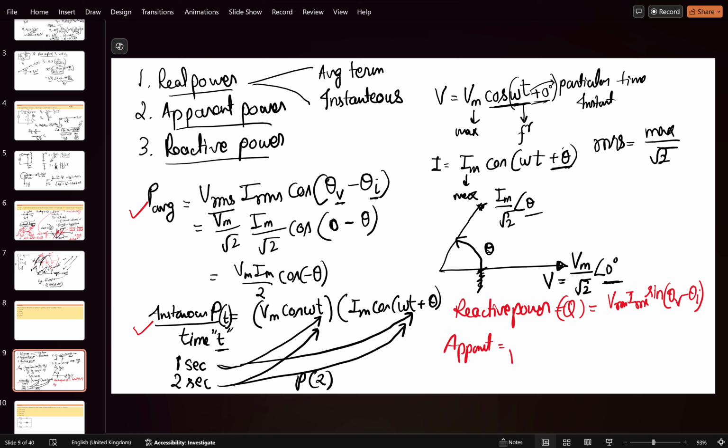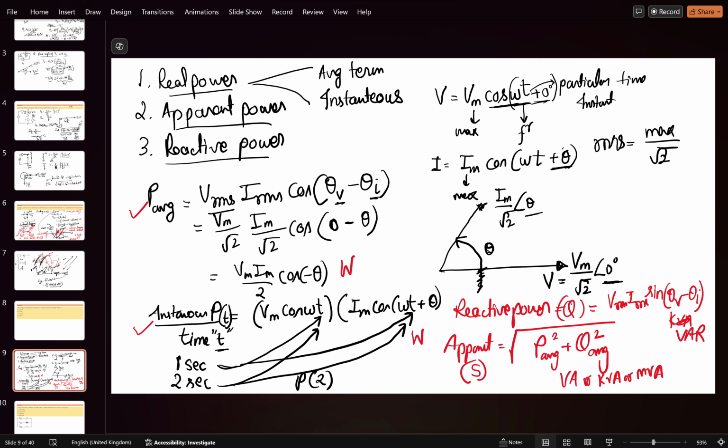Apparent power is the square root of P average squared plus Q average squared. This is the apparent power, represented as S. The unit of real power is the watt. Reactive power is VAR or kVAR. Apparent power is VA, or kVA or MVA, whatever the magnitude.